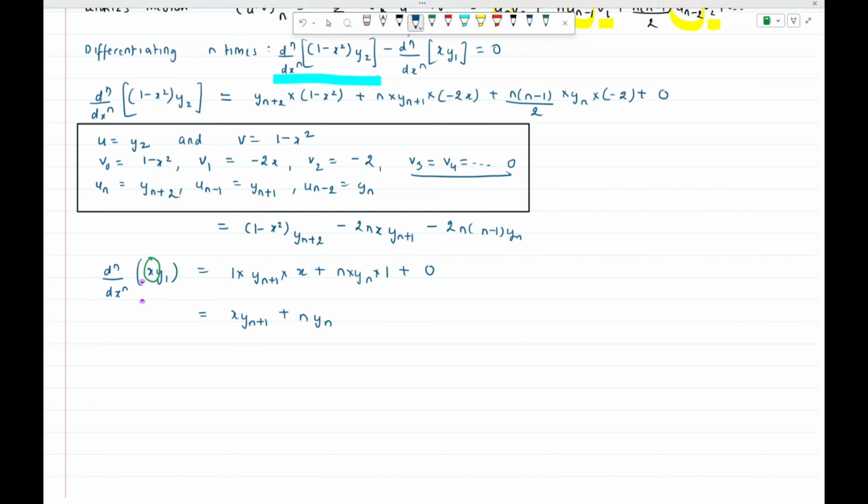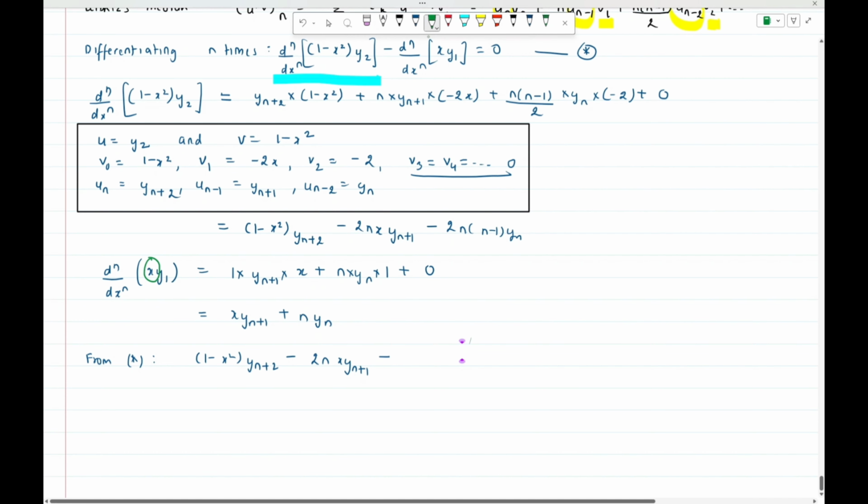Now we'll club in and put everything in this equation. So we will have from start 1 minus x square yn plus 2 minus 2nx yn plus 1. Over here the 2 factor is going to go away, so we don't need that.